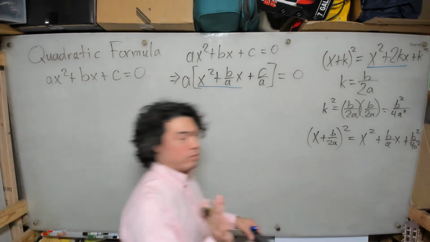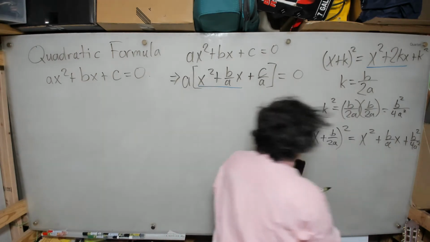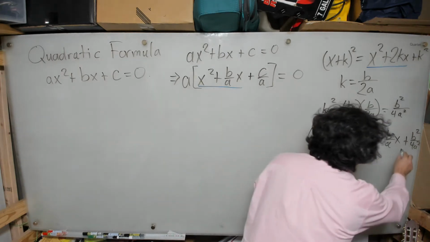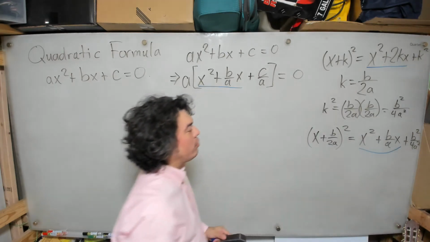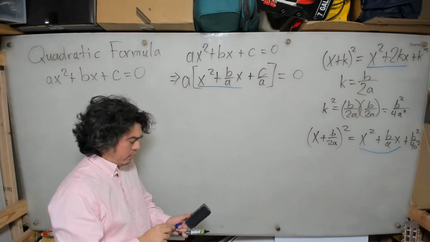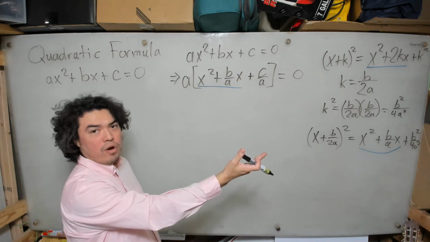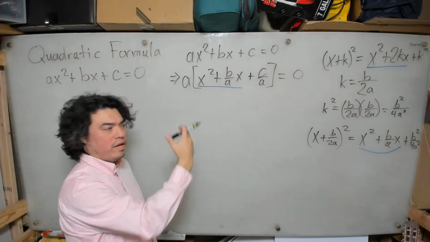And what I want you guys to realize is that I now have what I was looking for, right? I wanted to get this part here, the x squared plus b over a x. So now we're going to isolate it by subtracting the b squared over 4a squared from the right hand side to the left hand side.